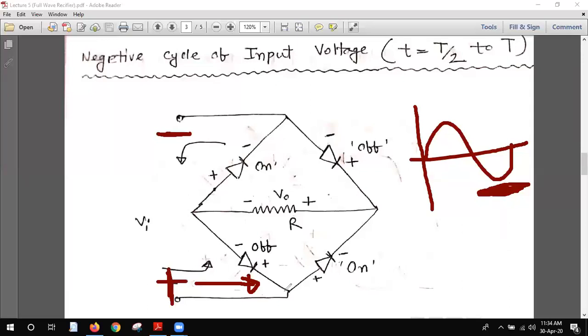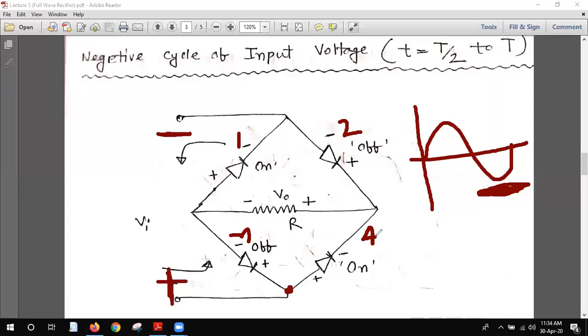So when the current reaches this point, you see that it has two paths. Suppose this is diode 1, this is diode 2, this is diode 3, this is diode 4.